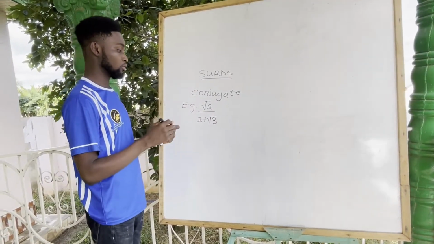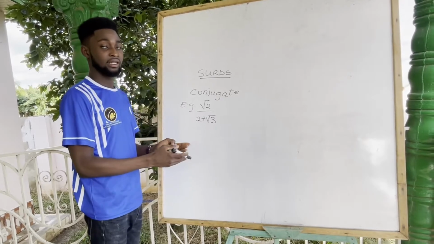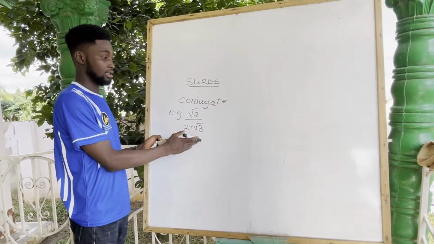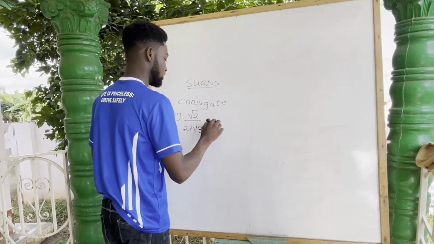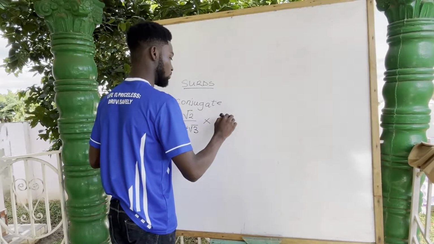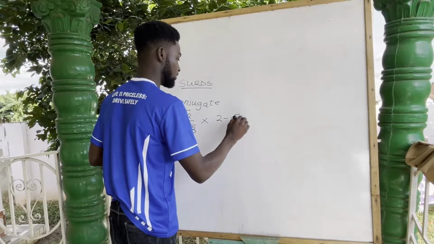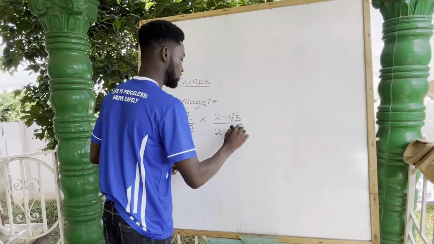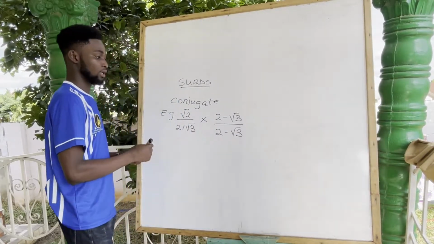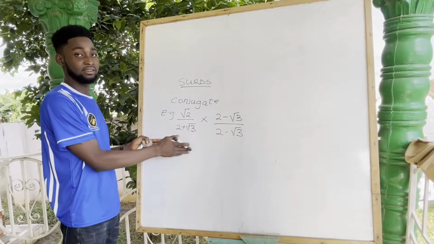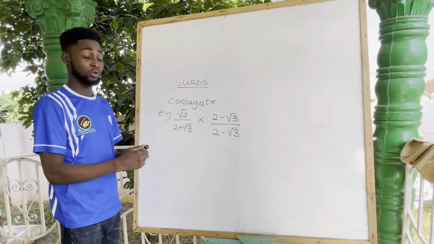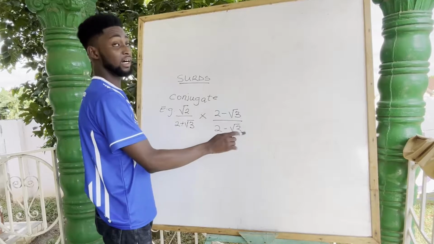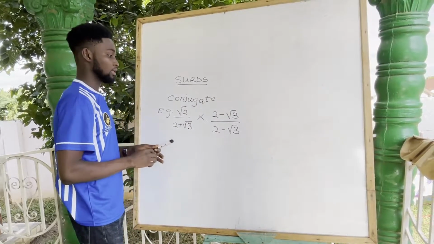We are going to rationalize this, and the best way to do this is to conjugate what we have over here. So we are going to multiply this by 2 minus root 3 over 2 minus root 3. And you simplify this to get the answer. So this is what we call the conjugate. So the conjugate of 2 plus root 3 is 2 minus root 3.